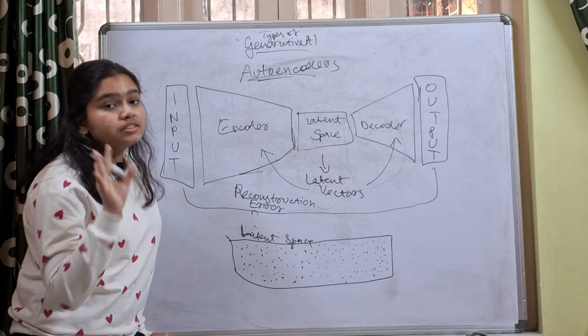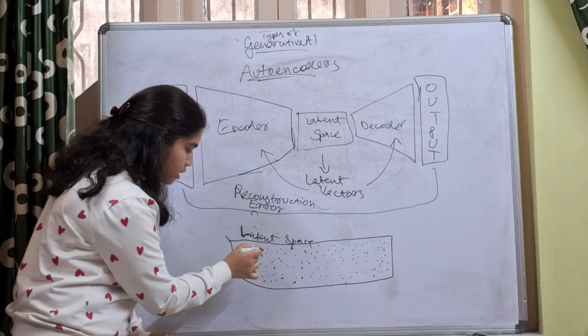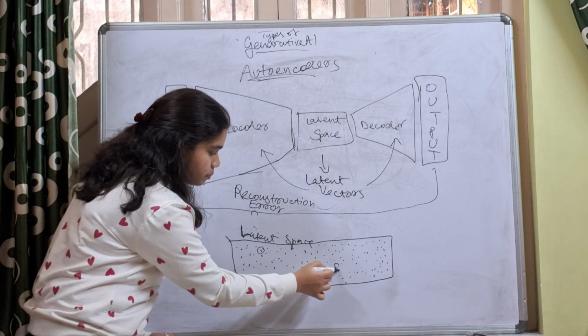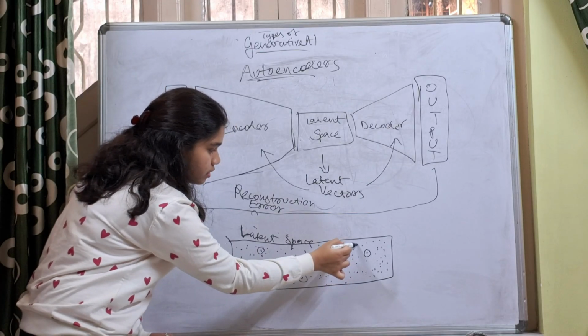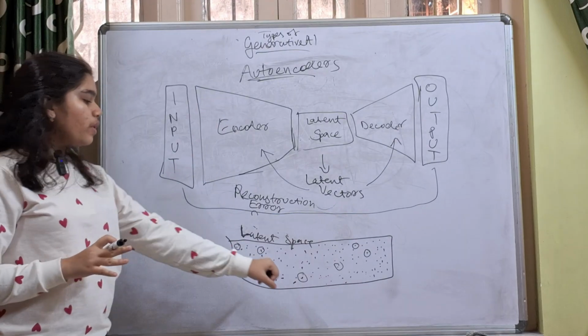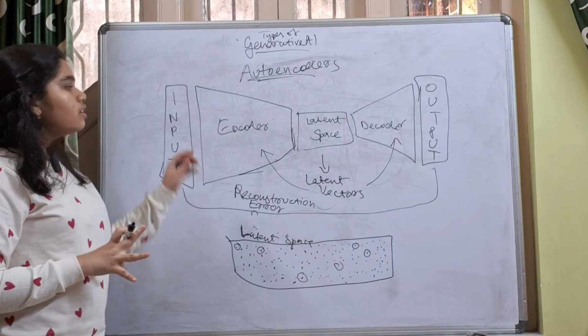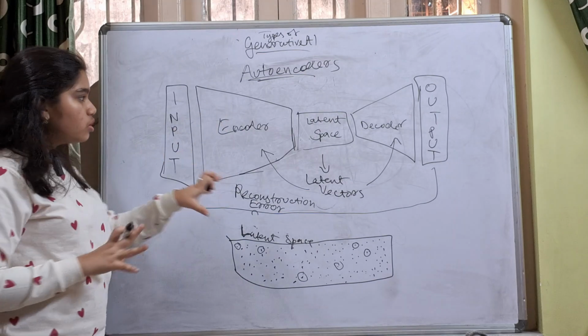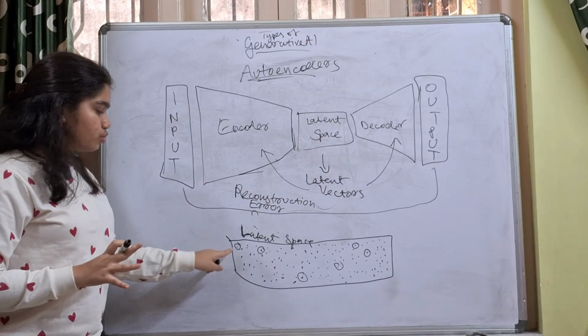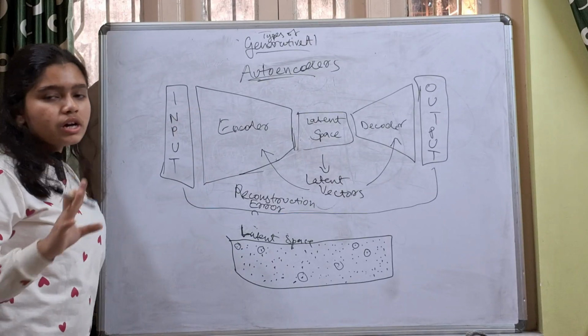That means in some latent points the information is stored. Suppose this point, this point, this point, this point, this point, and this point. In these few points which I have circled, the essential information which the encoder has compressed is stored, the essential information of the cat.